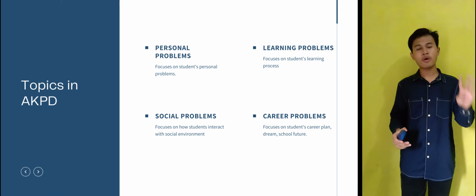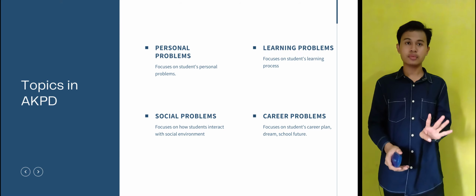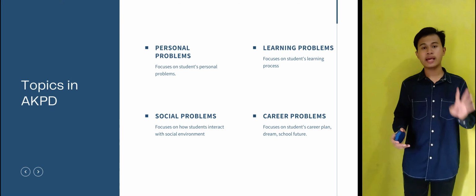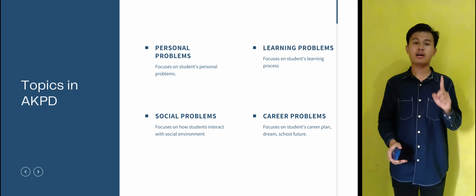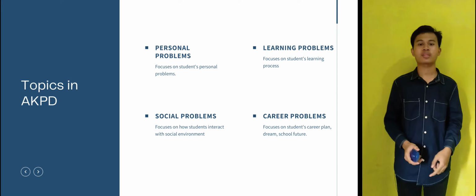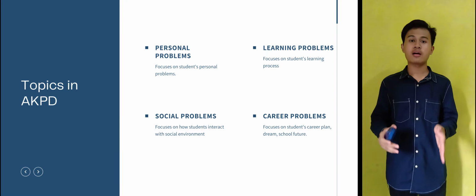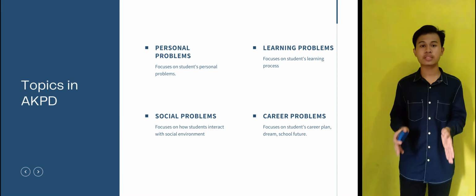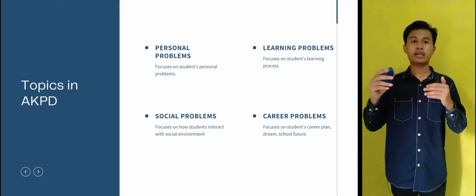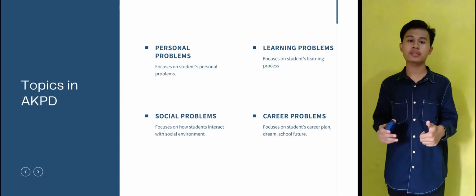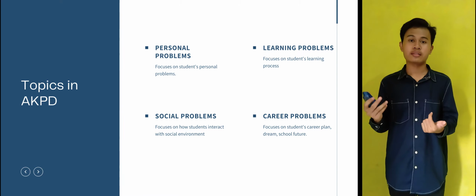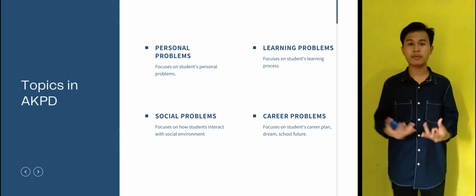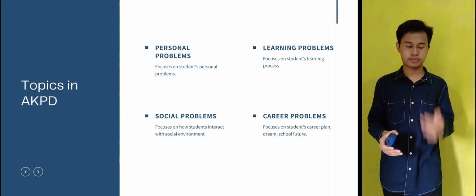The next is there are four topics or categories contained in AKPD. The first is personal services, which focuses on personal problems that students face, like their life, themselves, their parents, their family, or others.